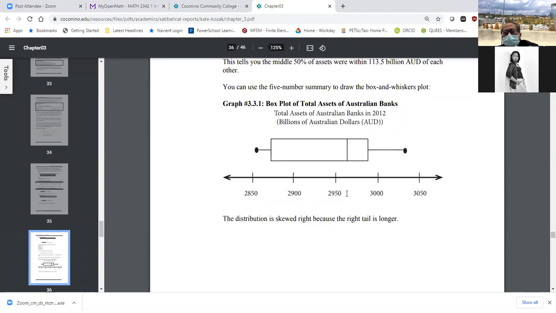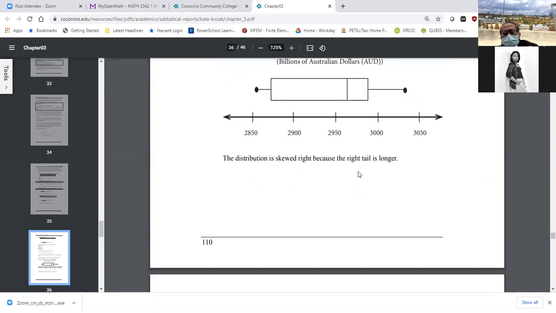It's just a tricky picture. If you subtract from here to here, and if you subtract from here to here, this one will be longer, right? So that's why you call it skewed. Any questions so far?